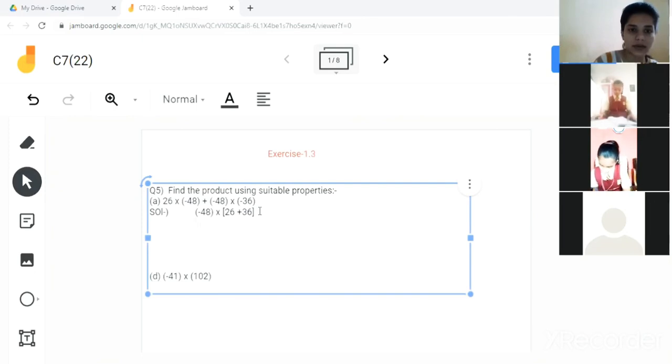Now, you can take simple 48 common and put here minus 48. So it will be minus 26 and this is minus minus, so it will be plus, children.